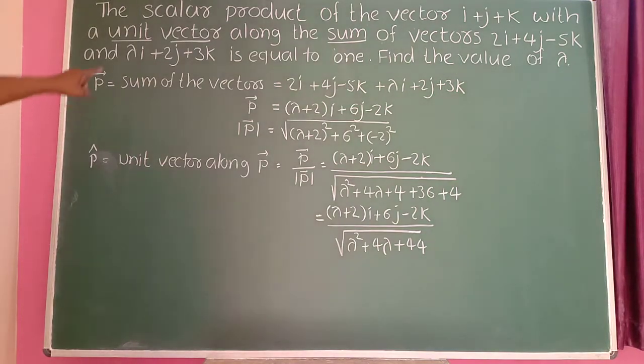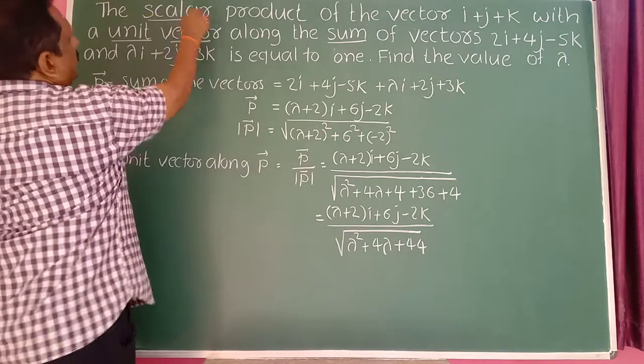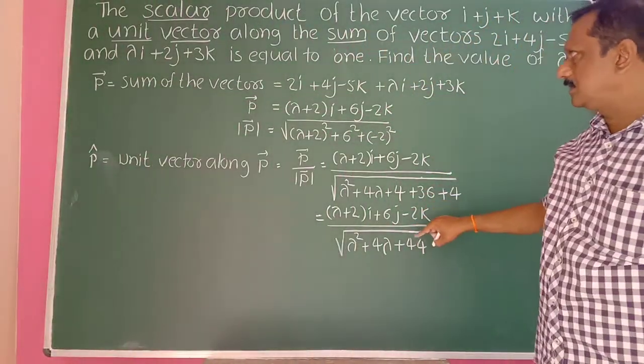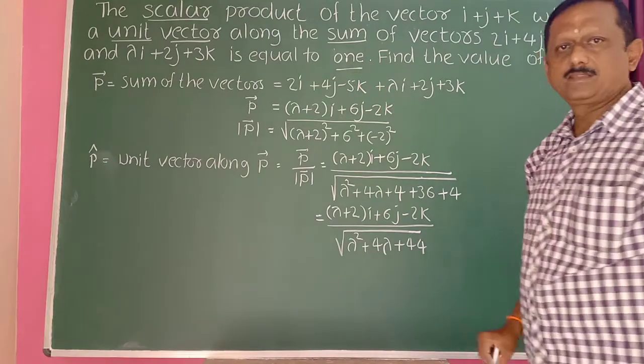Then the scalar product of the vector i plus j plus k with this unit vector is 1, as given.